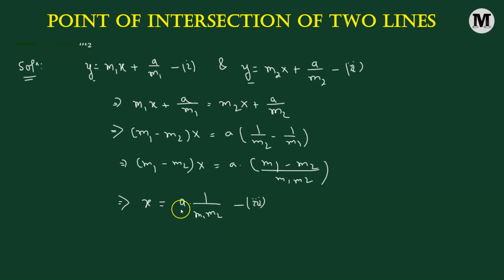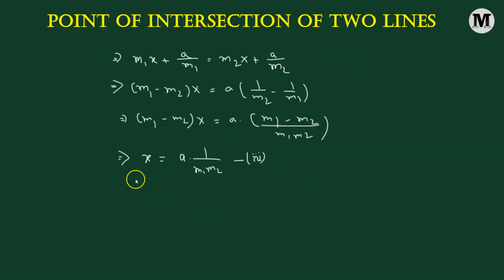So we can substitute x in either equation 1 or equation 2 to obtain the corresponding y value. Let's do it with the first equation. In the first equation, we have y equals m1 times x, so x will be a over m1 times m2, added to a over m1.